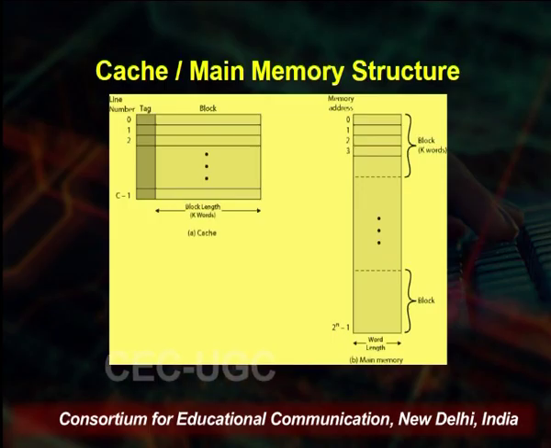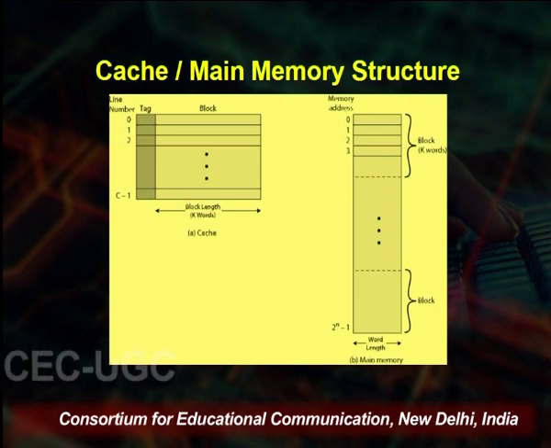Looking at the description of how the structure of a cache and the main memory compare. Now, the cache memory and the main memory have to be the same size in terms of the transfer of data, because we cannot have bits being transferred from one side and blocks of words being transferred on the other side. Besides that, if you look at the cache, there is a field referred to as a tag.